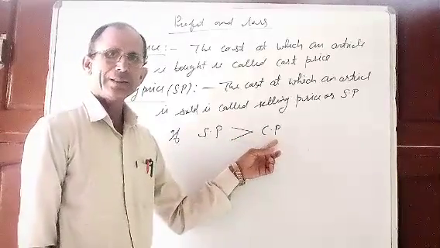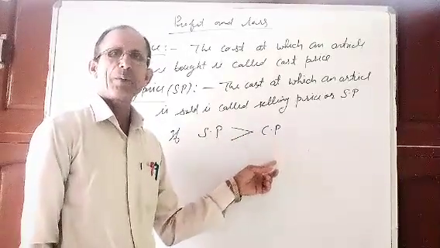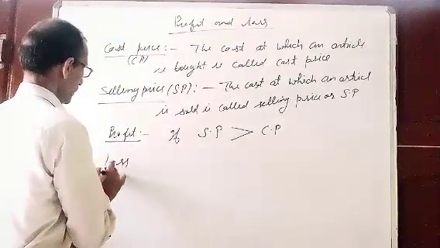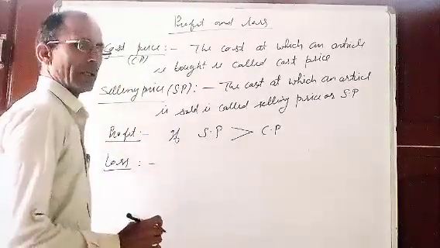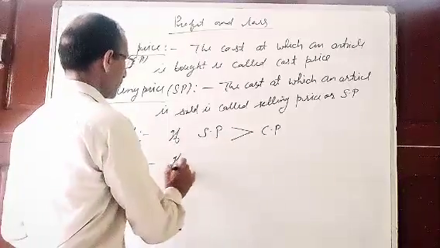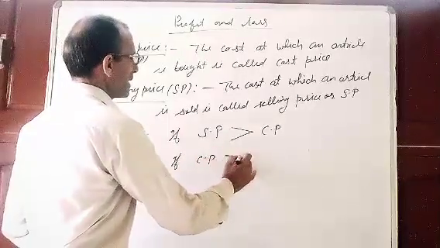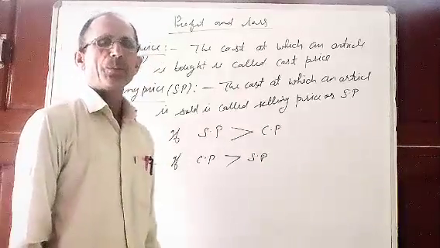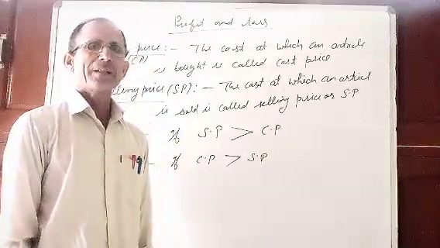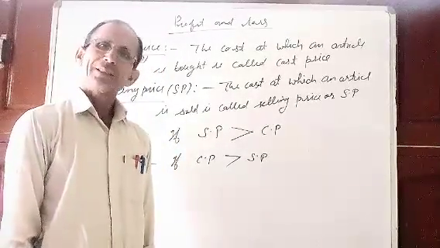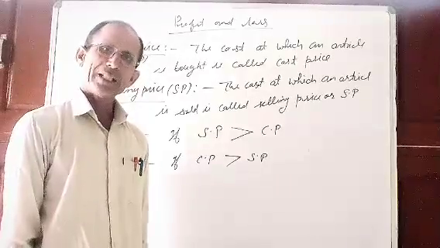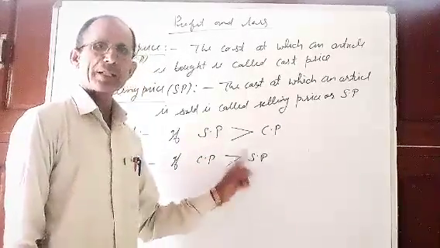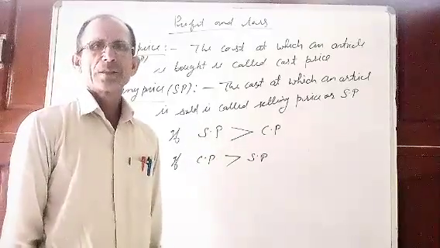If SP is greater than CP, there will be profit. Understood? Loss: if CP is greater than SP, it means we paid more to buy something and sold it for less, then there will be loss. So loss if CP is greater than SP.